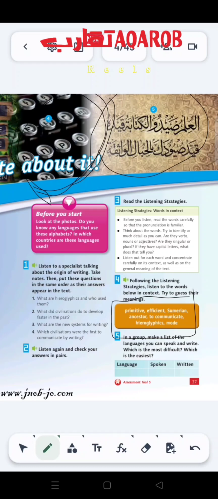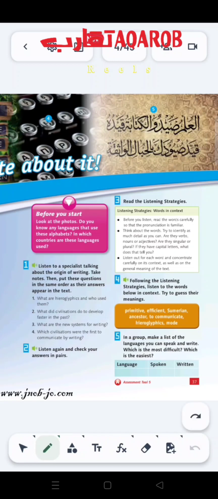Again, primitive, efficient, Sumerian, ancestor, to communicate, hieroglyphics, and the last one, mode. So primitive, efficient, and Sumerian are adjectives. Ancestor, hieroglyphics, and mode are nouns, and to communicate is a verb.